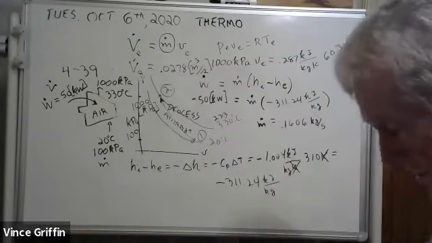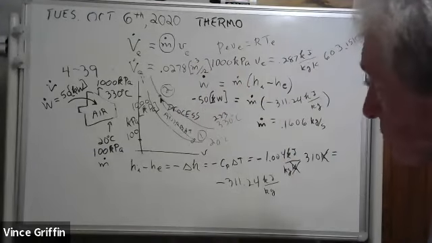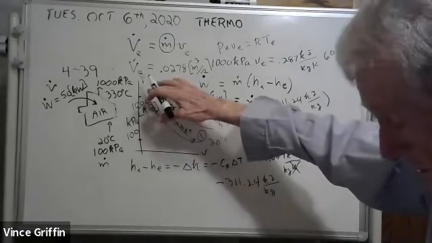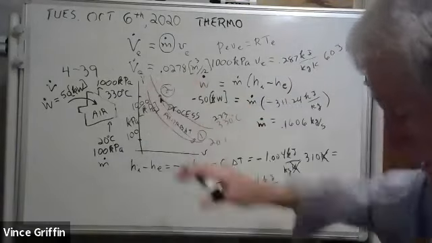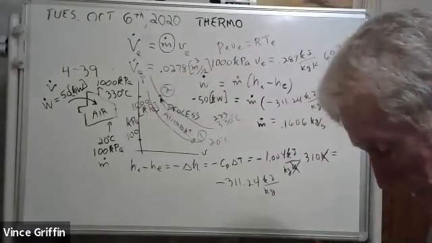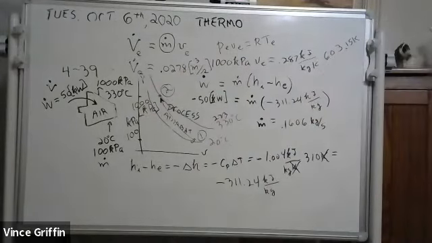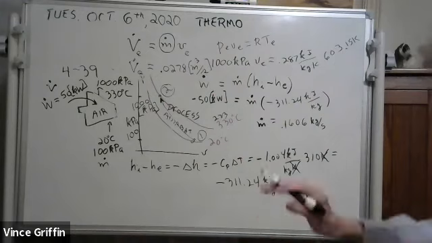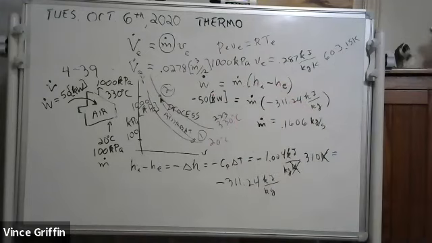And that's precisely what the answer book got. They got the same number, 0.0278 cubic meters per second. So we're doing good. Let's do another one. But before we do, is there any question on this 439 compressor problem?